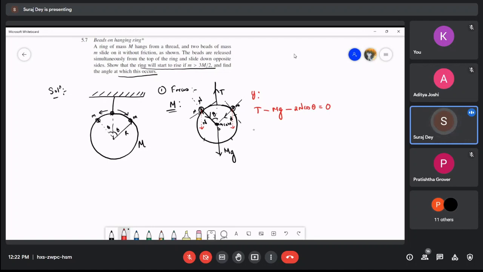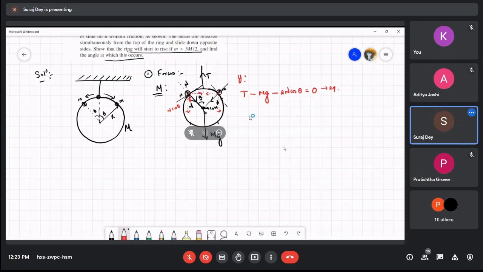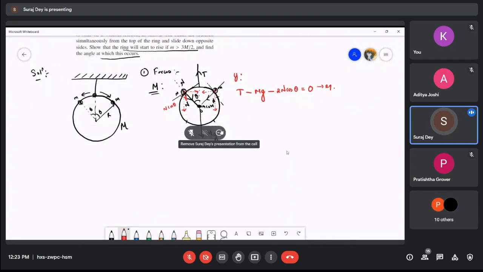Right, so this is for equilibrium. If this is theta, this is also theta, and so this is N cos theta. And we don't need to write the horizontal equations, but you can see that these get cancelled due to these components. Both of them are equal and opposite. So this is the first equation that we need.